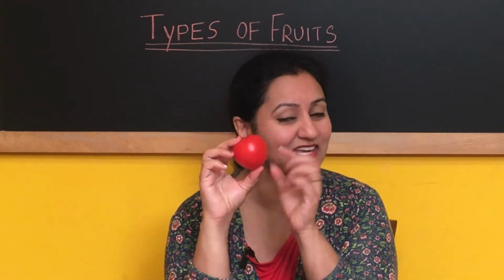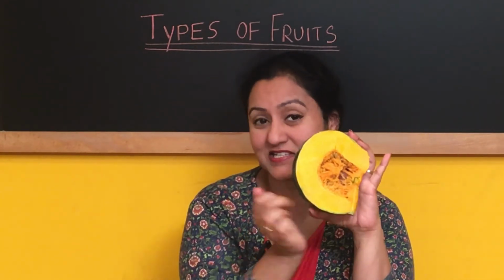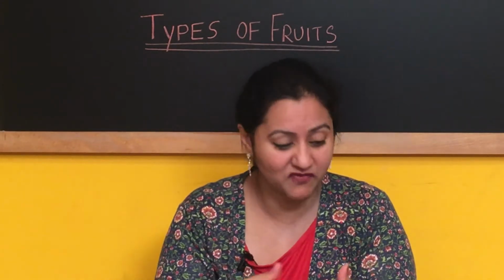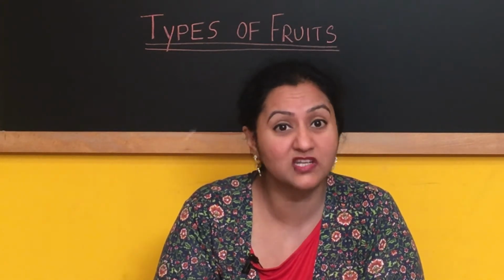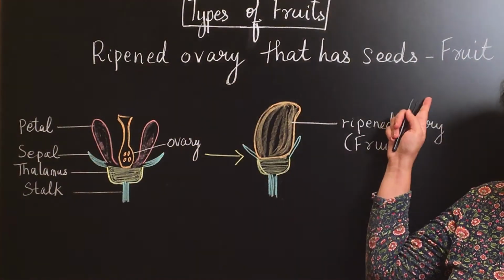Tomato has seeds inside, and this is the ripened ovary. Pumpkin also has seeds inside, and this is again a ripened ovary. So that is the reason why we call all these things on the table fruits. A ripened ovary that has seeds inside is called a fruit.